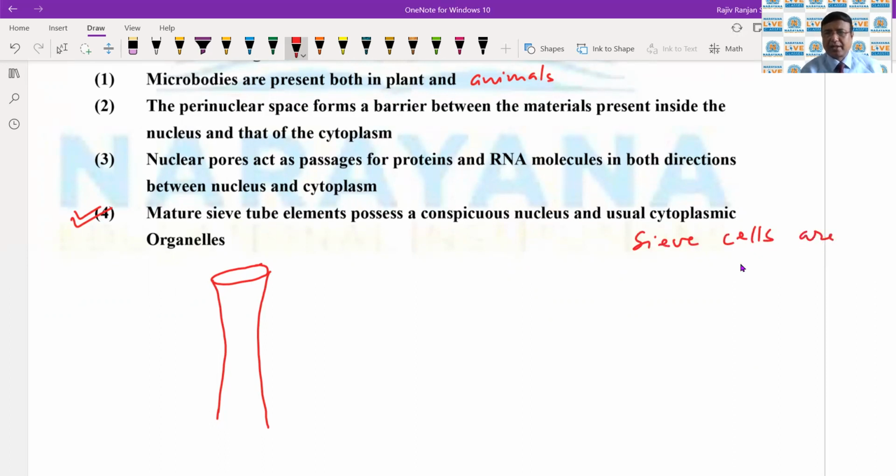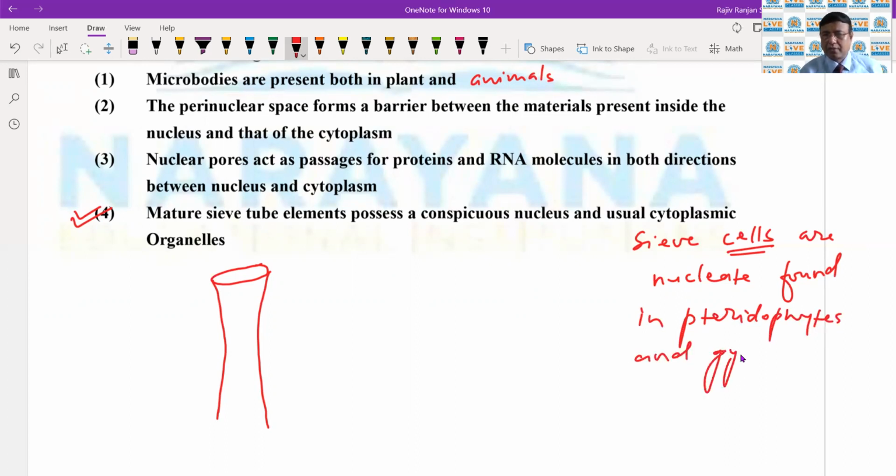Sieve cells are nucleate. Just focus here, cells, not tube. So sieve cells are nucleate, found in pteridophytes and gymnosperms. But absent in the flowering plants, in angiosperms.